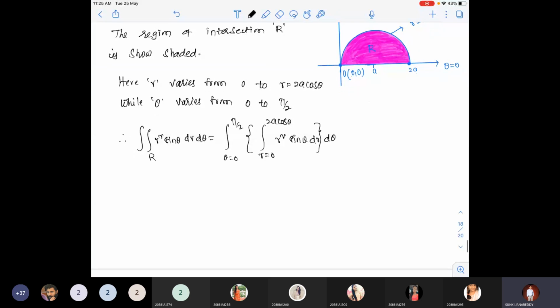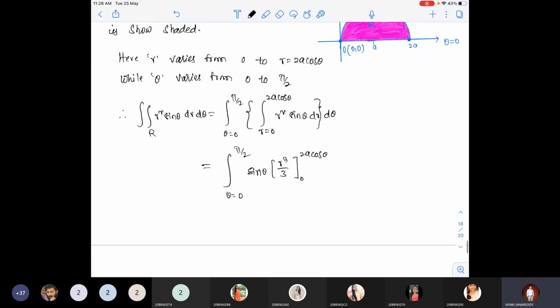First, integration with respect to what? dr. So sin theta into, integration of r square means r cube by 3. Here limits are 0 to 2a cos theta.